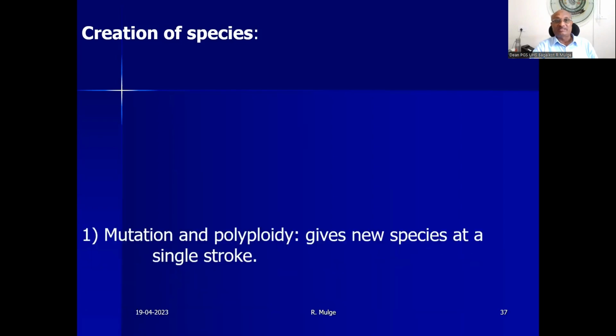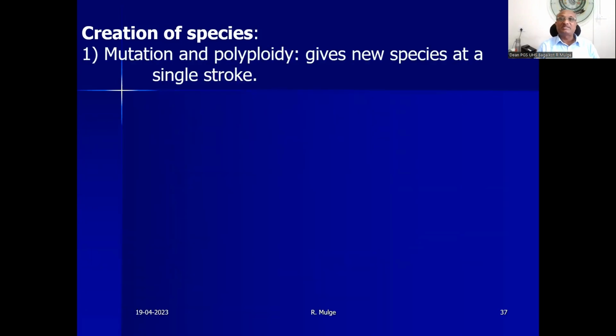Both are required, both are important. One is to create variation. Second is, once variation is created, to make selection so that good things are preserved for a longer number of generations, and that will result in a new species.